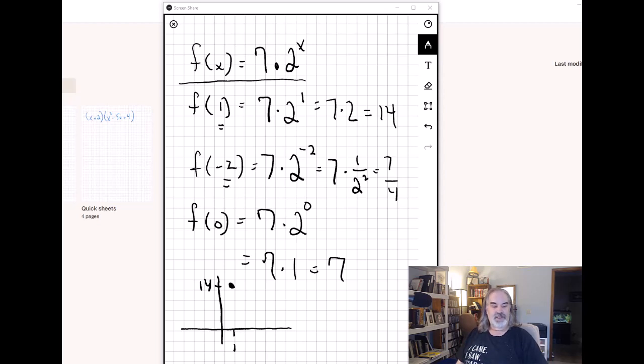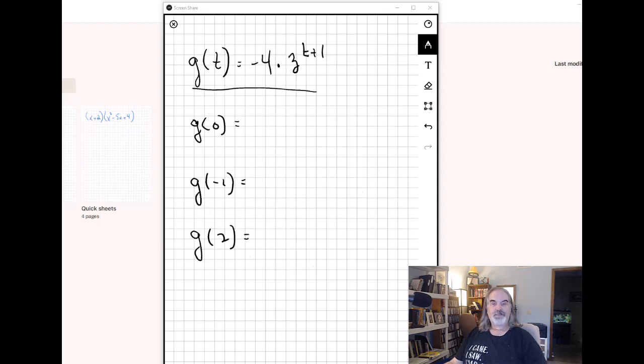When x is 0, the graph needs to be 7. So let's say that's 7. When x is negative 2, our function's value needs to be 7/4. That's just a little bit between 1 and 2, so that'd be way smaller than 7. And then if we play connect the dots, there's that shape we're looking for. Okay, so that's it. You don't have to graph these on this assignment. I'm just giving you a little bonus information there.